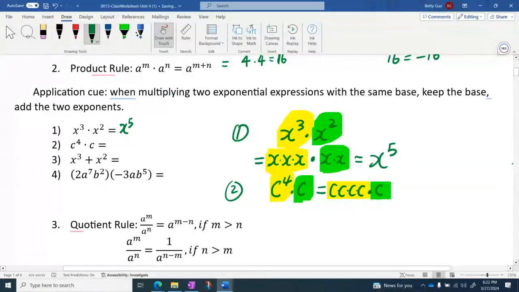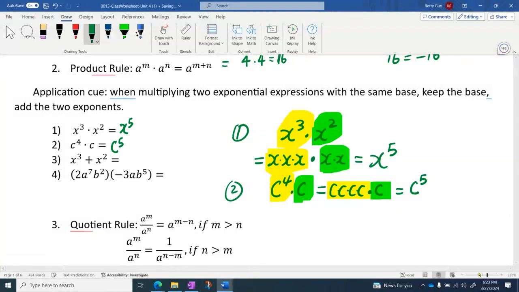Altogether in this multiplication, we have 1, 2, 3, 4, 5 c's multiplied together. We are able to use an exponential expression to represent this repeated multiplication, with c as the base and 5 as the exponent. c to the power 5.